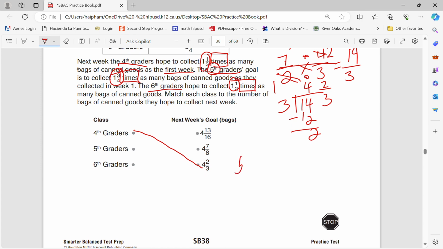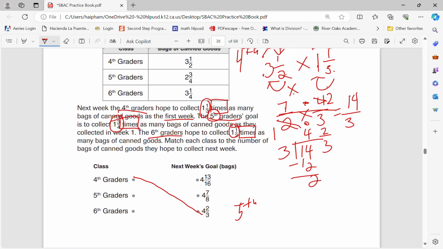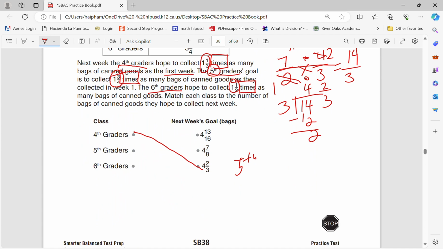Let's go to 5th grade. 5th grade collected 2 3/4. And next week they hope to collect 1 3/4 times more. So let's go ahead and multiply these two numbers. First, we are going to multiply, then we're going to add in order to convert our mixed number to our fraction.